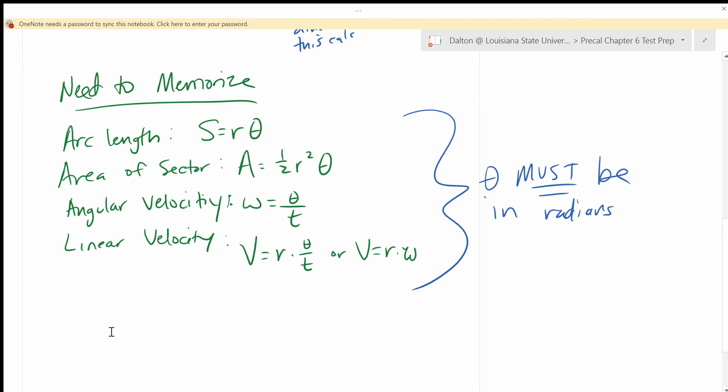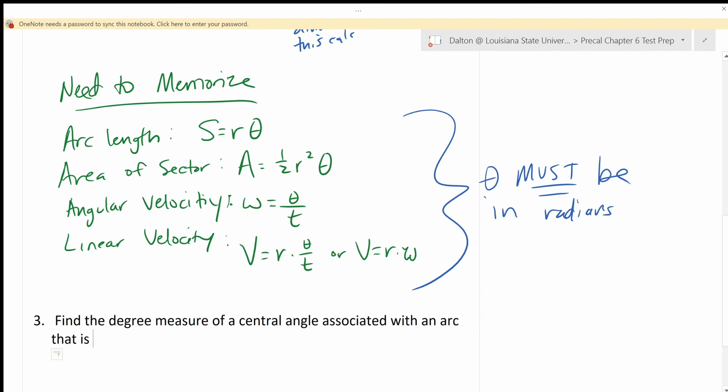So let's do a couple of examples of where these would come into play. I may ask you to find the degree measure of a central angle associated with an arc that is 11 centimeters long in a circle with a radius of 9 centimeters.